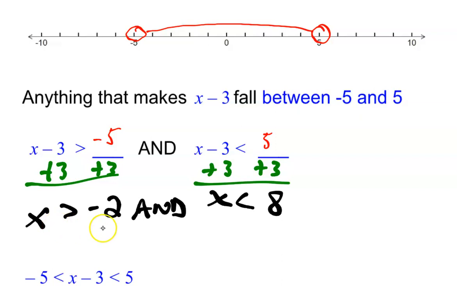As long as those values are true for x, we'll fit and answer the equation, or the inequality.